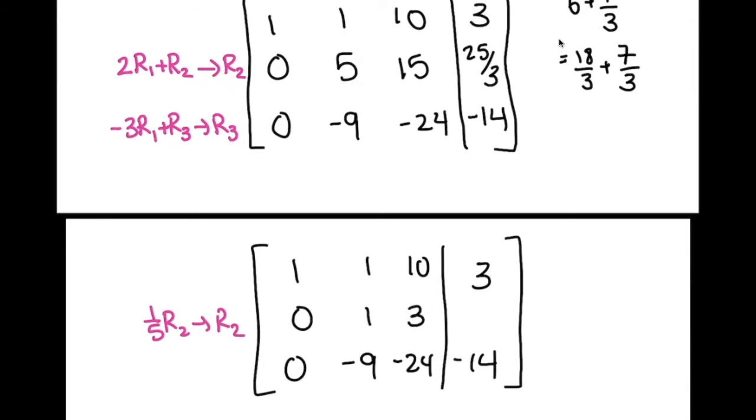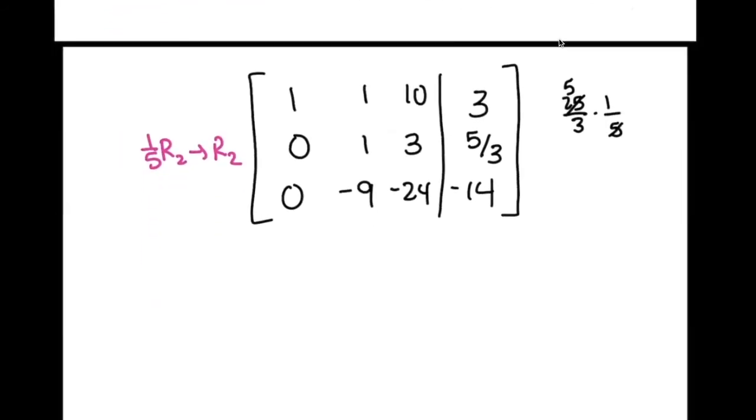And then 25 over 5, 25 thirds times 1 over 5. We can do some side work over here. So we have 25 over 3 times 1 over 5. I can take out a 5 here, left with 5 thirds. Okay, now I have the 1.